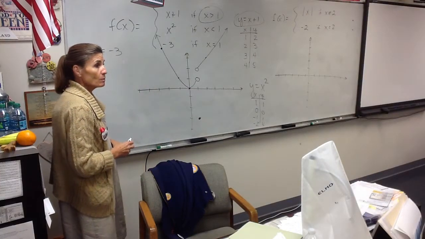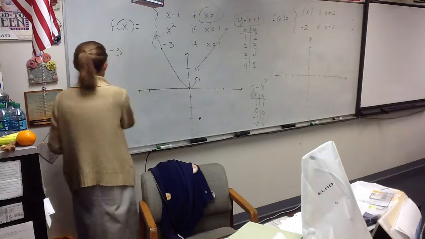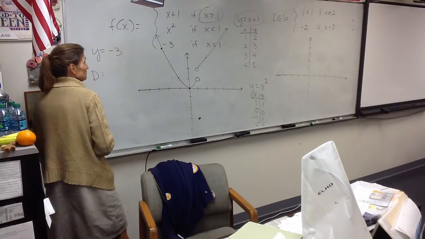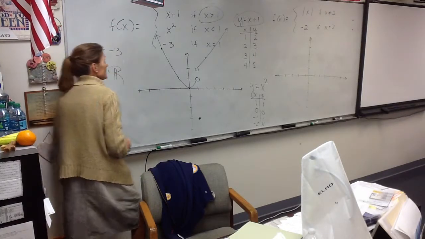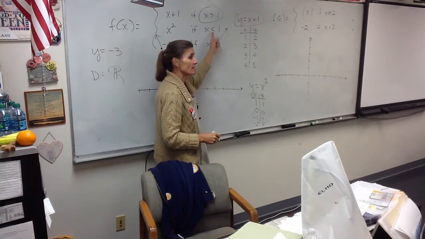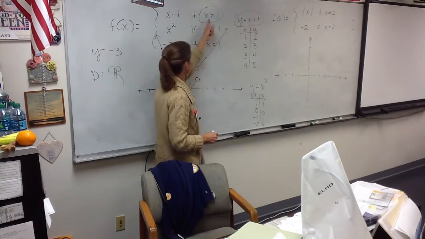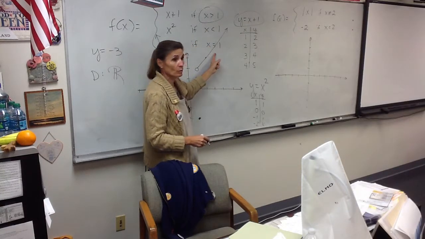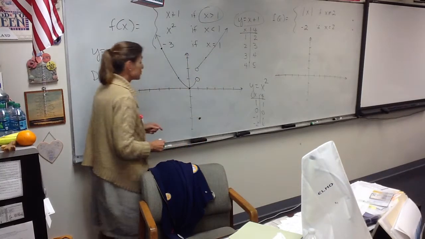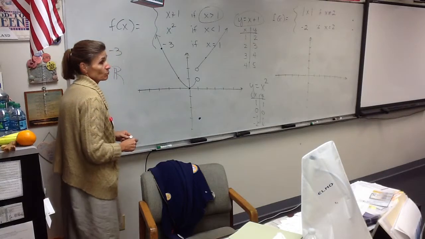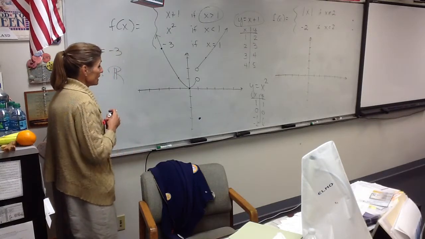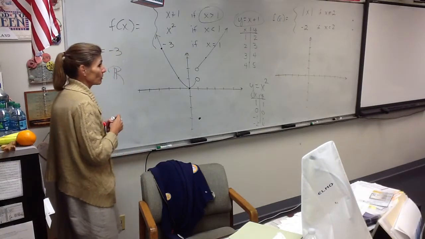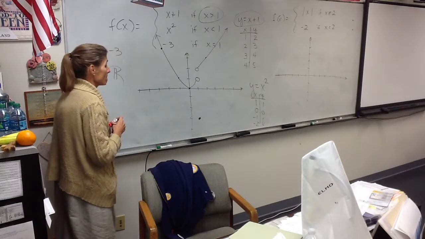Okay, what's the domain? Let's talk about that. What's the domain of this thing? Very good. This is your domain right here. It says x is bigger than 1, less than 1, or equal to 1. Doesn't that about cover everything? Yeah, that's your domain. Now your range is a little tricky on this one. Anybody want to take a stab at what you think the range is, Lane?